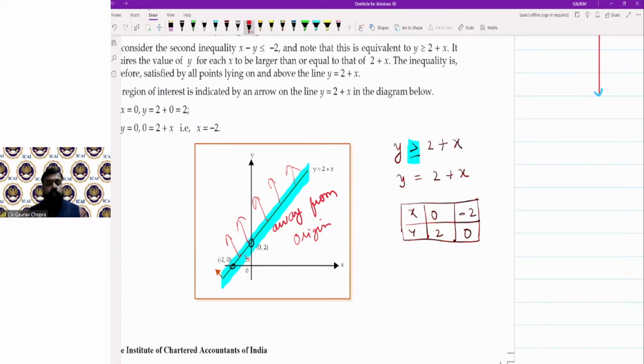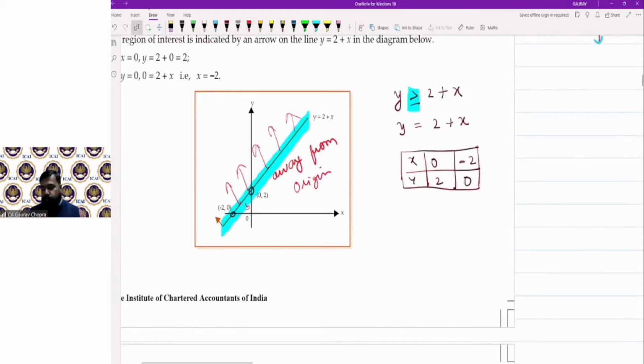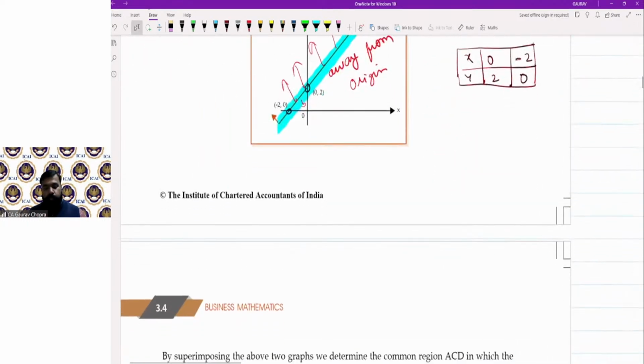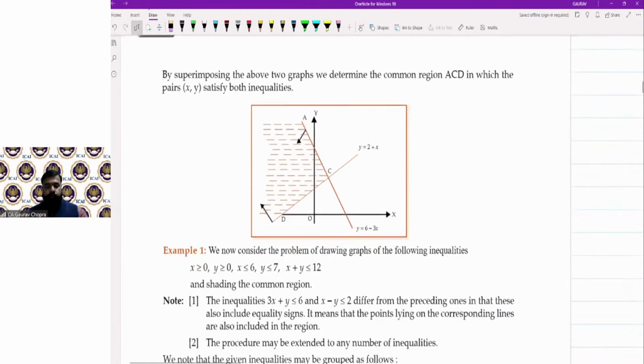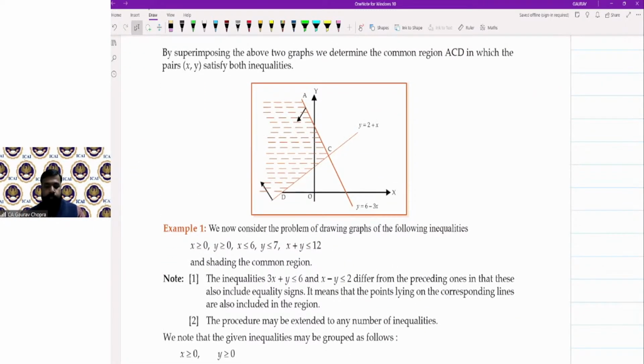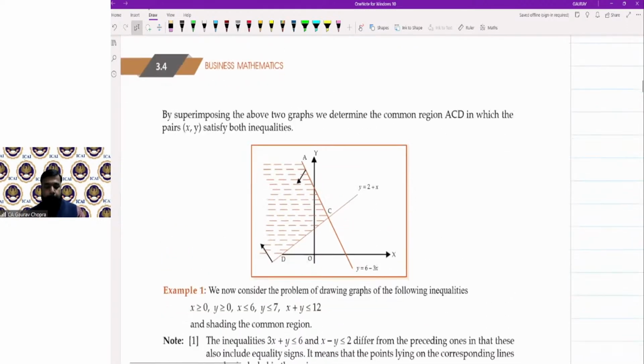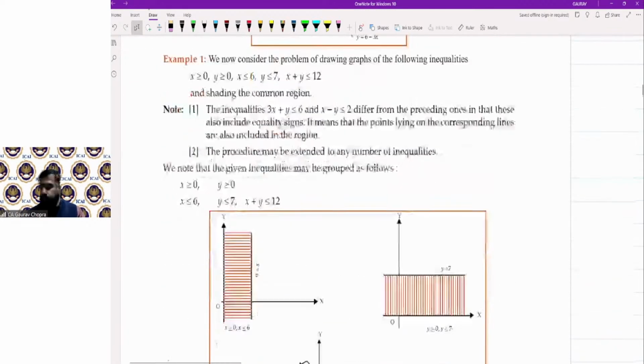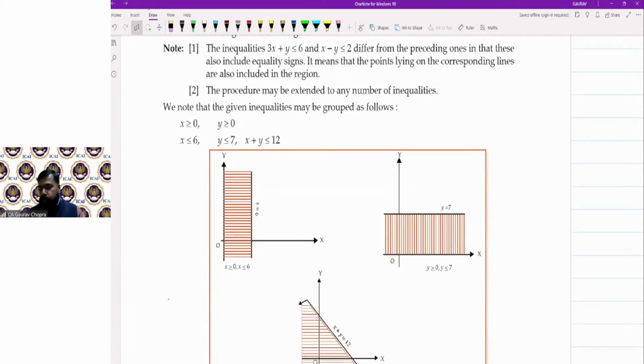After that, we will move towards the question. So till now, no doubts have been received.